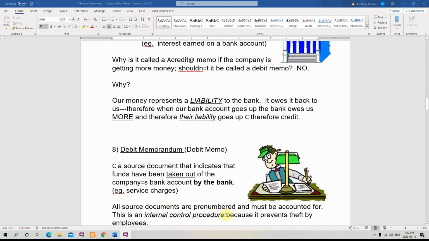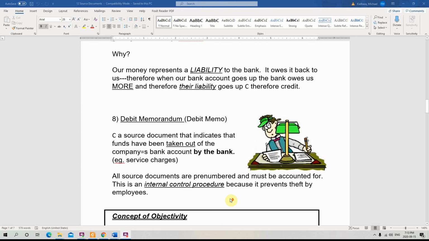Now, all source documents are pre-numbered and must be accounted for. So even ones that get ruined or that you've made mistakes on, what they're going to do is void those source documents. It's basically an internal control procedure that prevents theft by employees, because every single source document has to be accounted for.